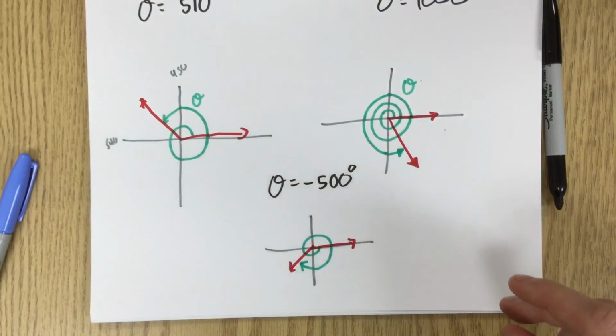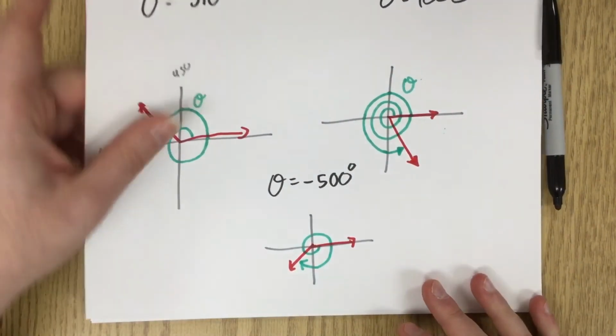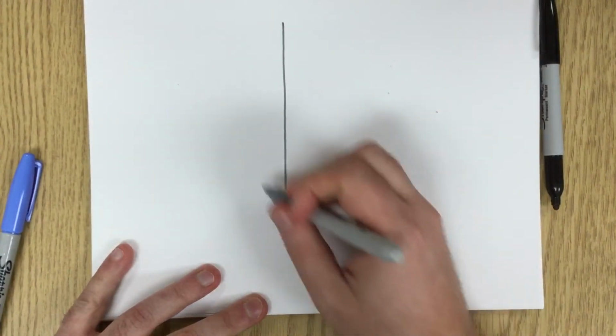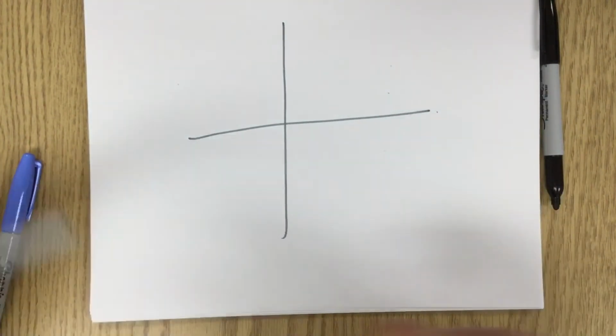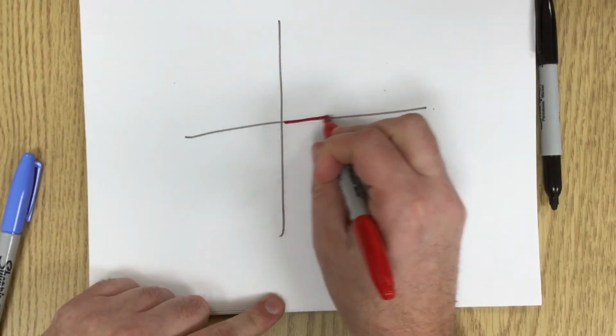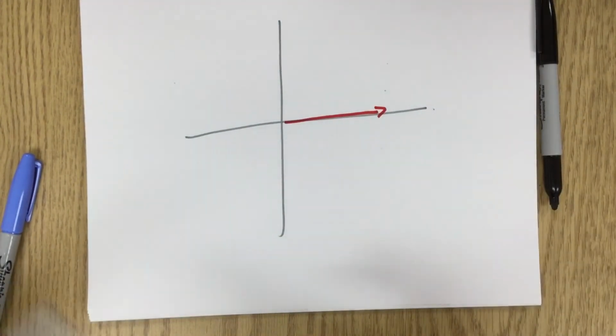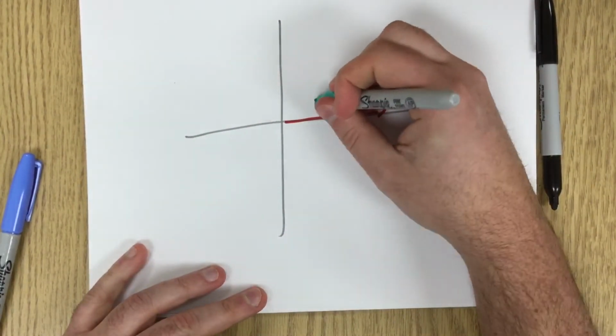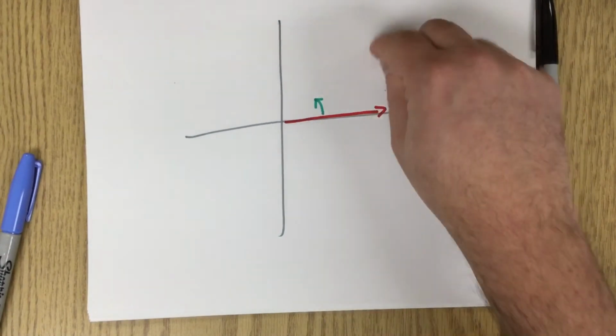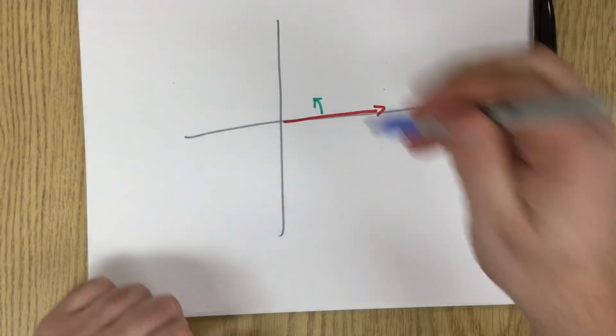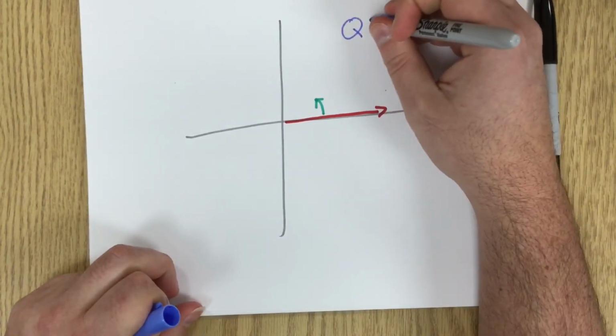Now, when I talk about the quadrants, we're going to name the quadrants in the order that an angle goes through them. So if that's our initial arm, remember, angles go in this direction. So this is the first quadrant we get to, so we're going to call this Q1.